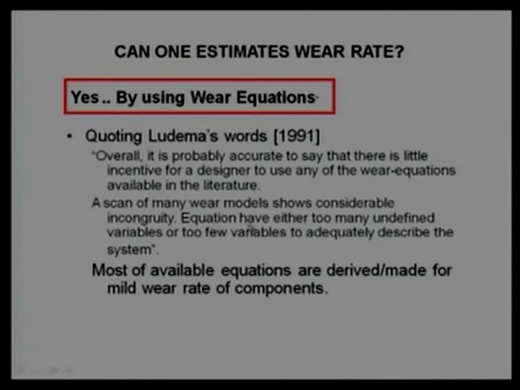The reason is that the equations have either too many undefined variables or too few variables to adequately describe the system. Either the system is not being identified properly, or there are too many variables which cannot be determined by a few experiments. You have to do a number of experiments to come to the results.